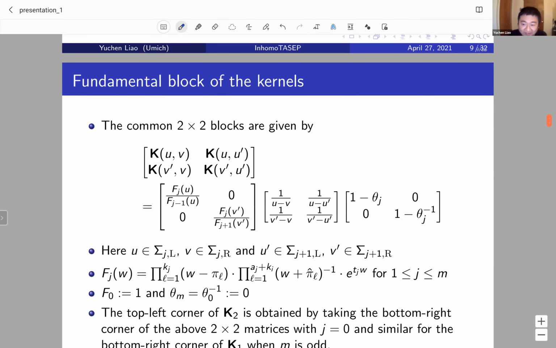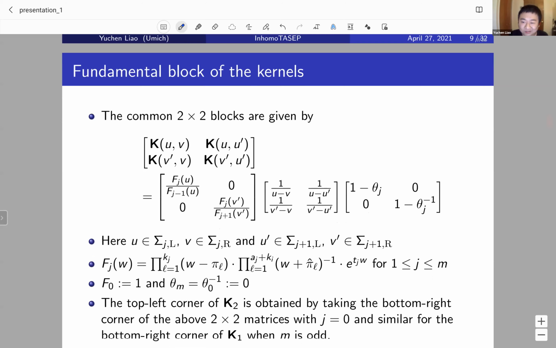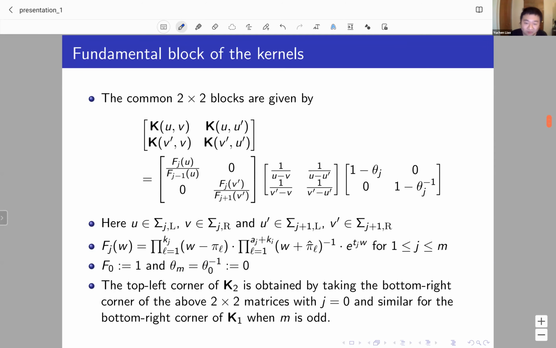It's not that complicated. You can see it's actually appearing in a similar form as in the one time case. It's given by the following. You have this kind of Cauchy type matrix. Basically, this Cauchy factor is everywhere in computation. And then the essential weight function that encodes the inhomogeneity is given here. So if you are living on the left, you take fj divided by fj minus one.